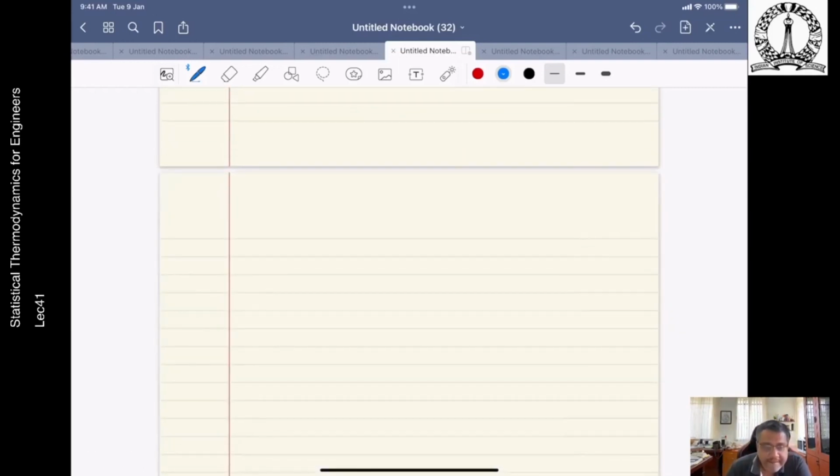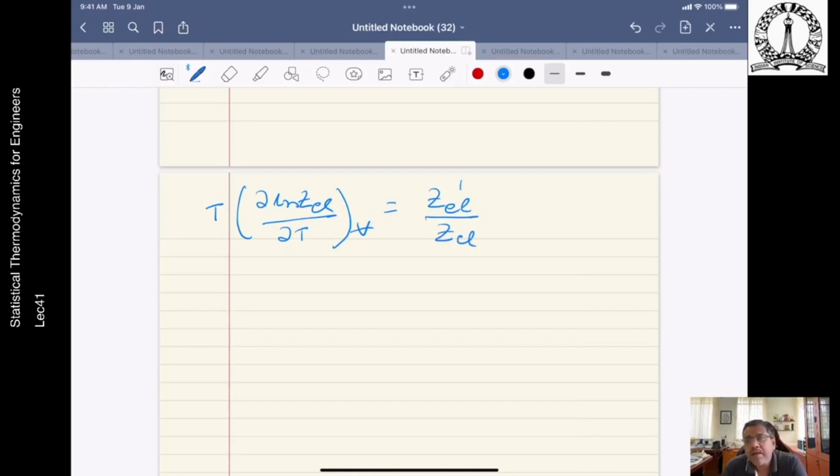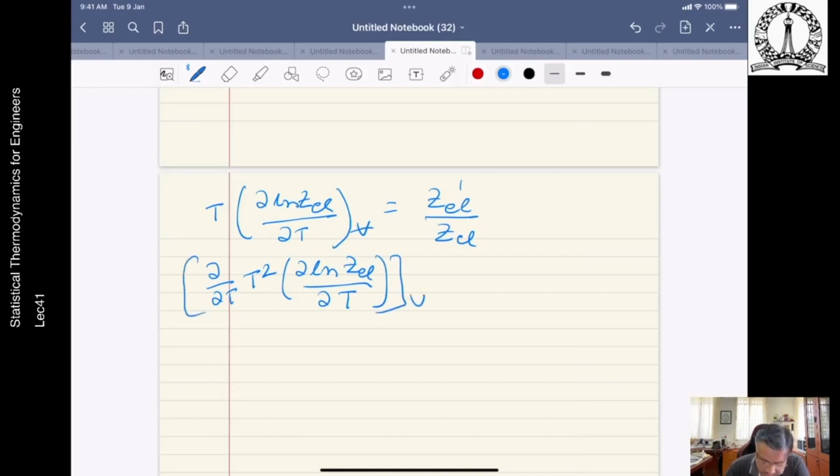Therefore, let's write it. Z_EL, and the partial with respect to T squared, dT by Z_EL minus Z_EL.